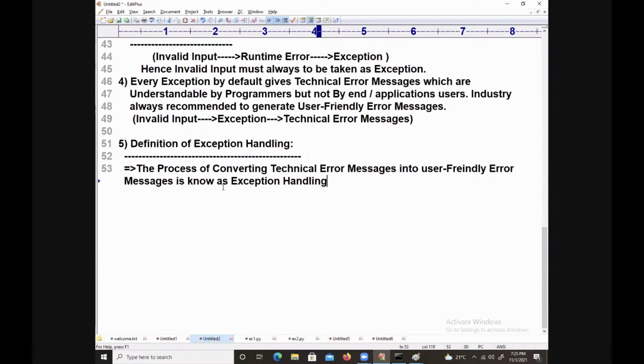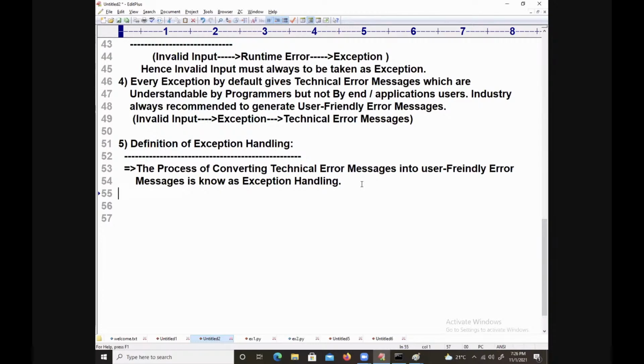Exception handling. I hope you are understanding what I am talking about. The process of converting technical error messages into user-friendly error messages is known as what? Exception handling. Is it understandable?